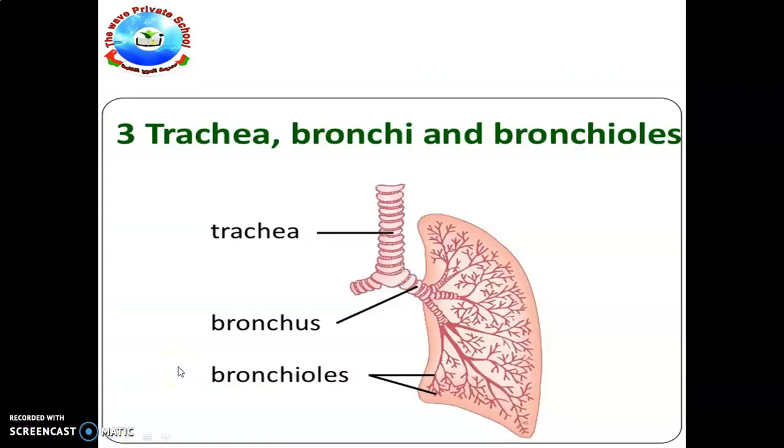Now let us discuss the trachea, bronchi and bronchioles. Here in the picture you can see the ring-like structures attached to the larynx, called the trachea, which is divided into two sections entering each side of the lung, the bronchus, and here you can see the finest parts of the bronchi, we say bronchioles.